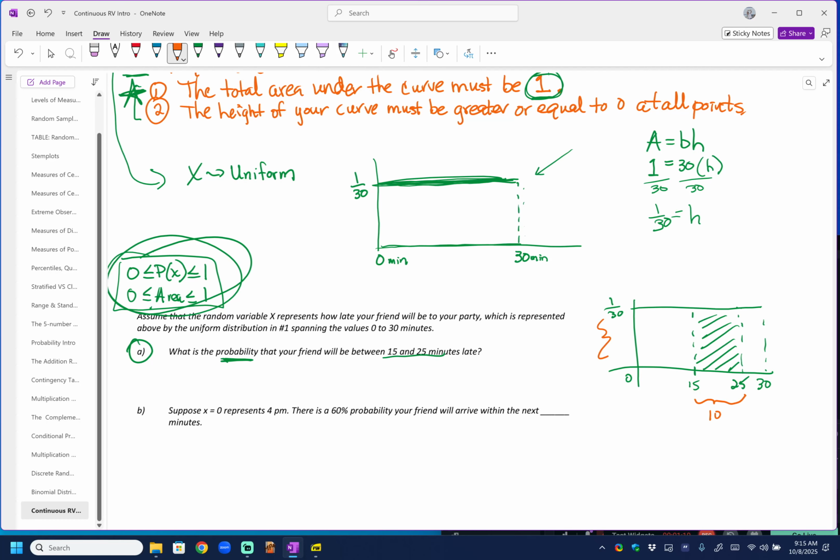So therefore, the area, which is base times height, is going to be 10 times 1/30th, which is 10/30ths, which is 1/3, by the way, which is approximately 0.3 repeating. So there's a probability of about 0.3 repeating that your friend will be between 15 and 25 minutes late. Why? Because we found the area between those values under the curve.